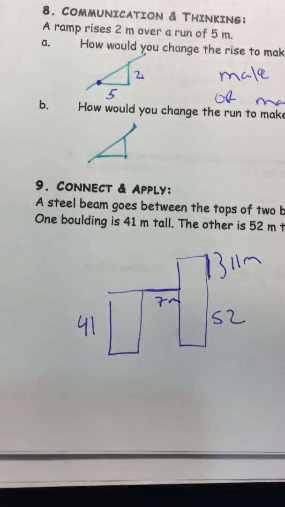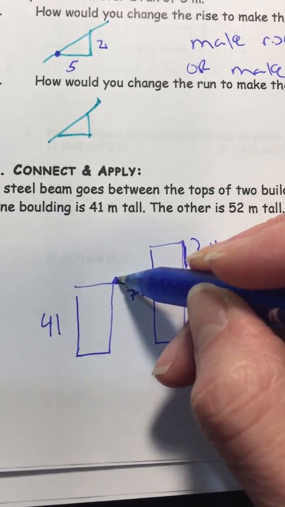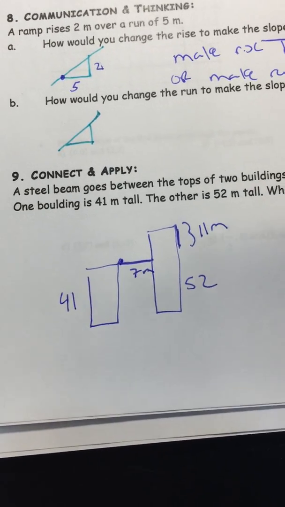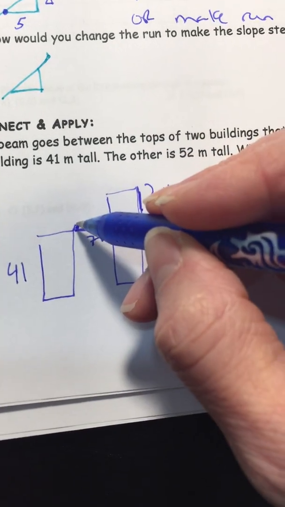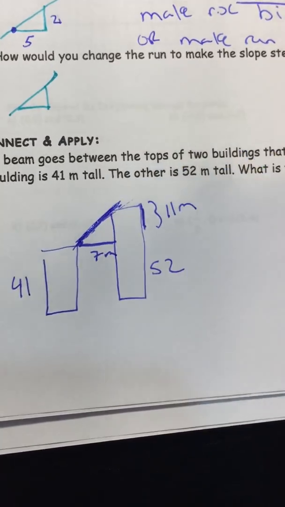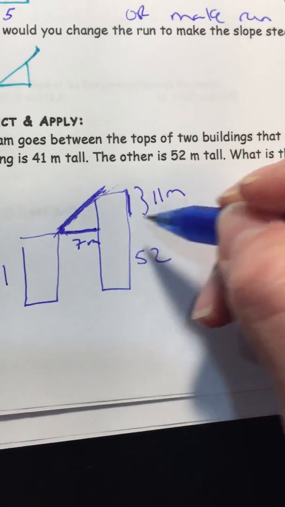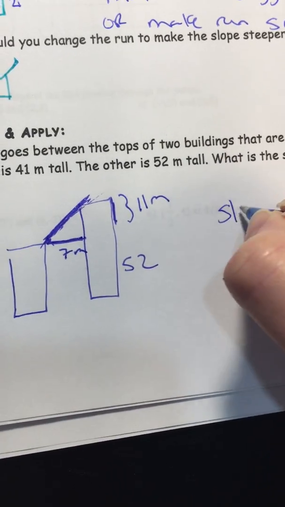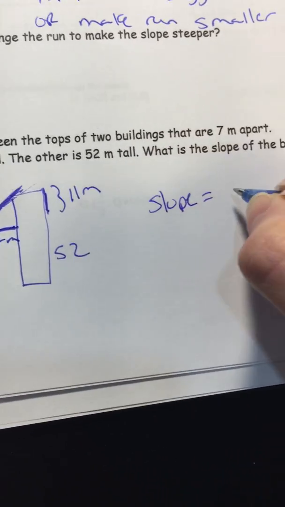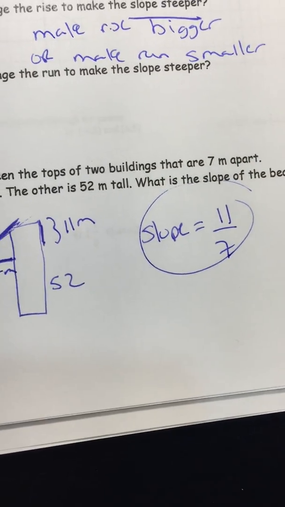It's 11 meters taller. So that allows me to then draw a line, the slope of the beam that's going between one to the other. There's my beam. I know it's got a rise of 11 over a run of 7. Slope is equal to a rise of 11 over a run of 7. So that's the slope.